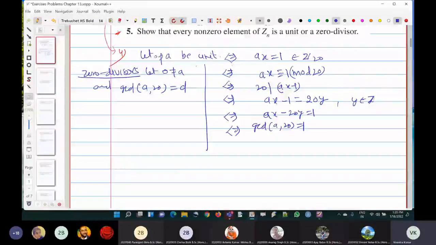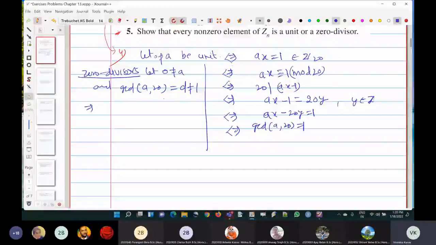Just now we have proved that if a is non-zero and its greatest common divisor with 20 is 1, then it is going to be a unit. So d should not be 1, otherwise a becomes a zero divisor. So we are assuming that the greatest common divisor of a and 20 is d, which is not 1.